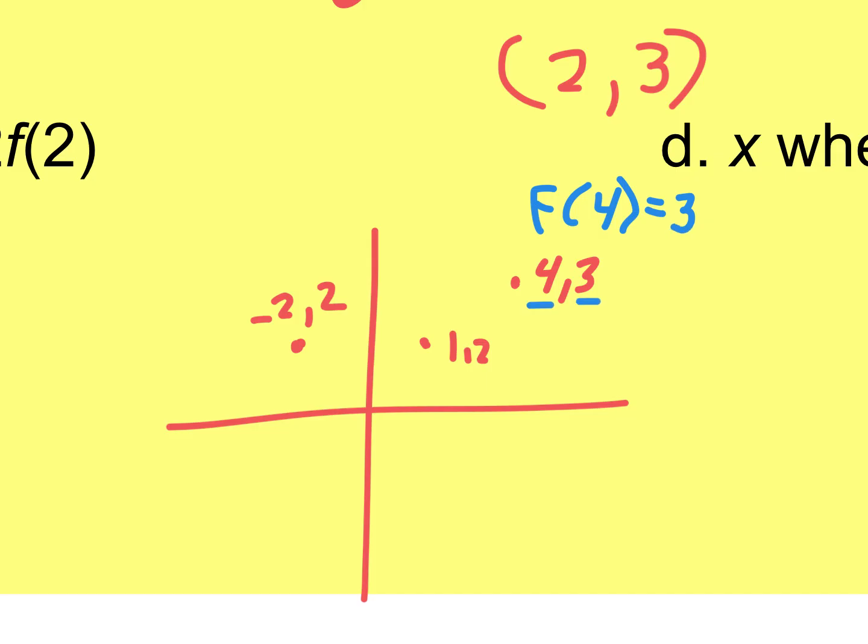That's the x, that's the y. F of 4 is 3. I know that because of this point right there.